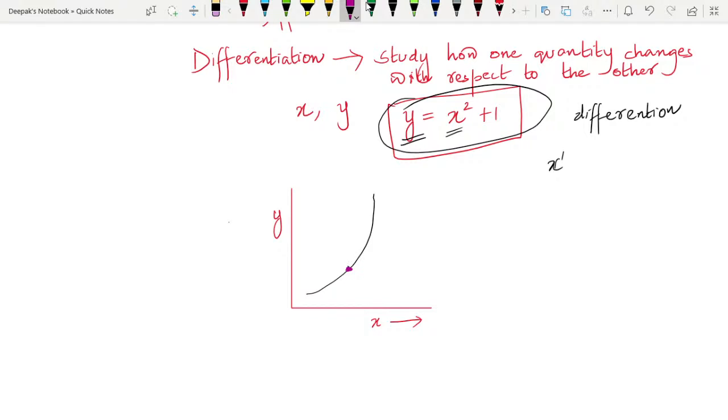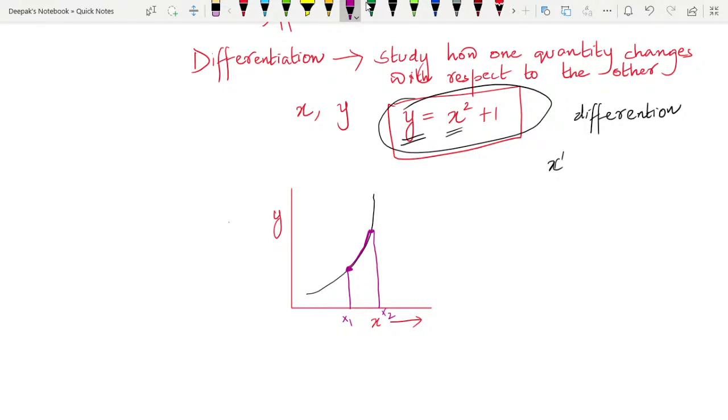This is 1 point here, this is 1 point here. Definitely at these 2 points you have two different values of x. The value here may be x1 and the value here may be x2. So that means x changes from this point to this point.